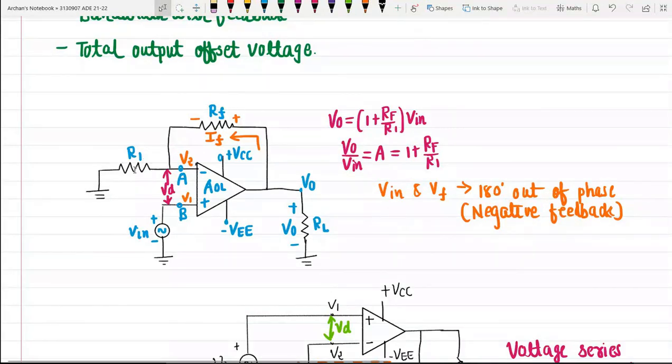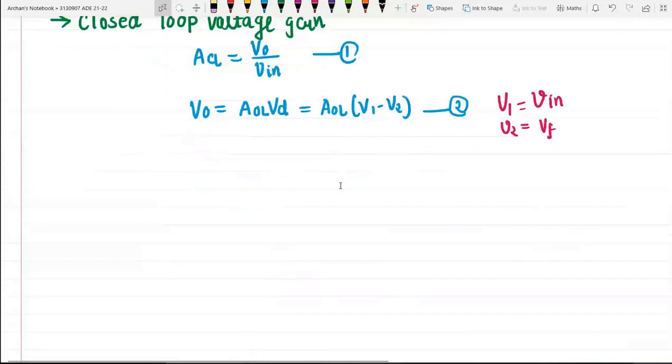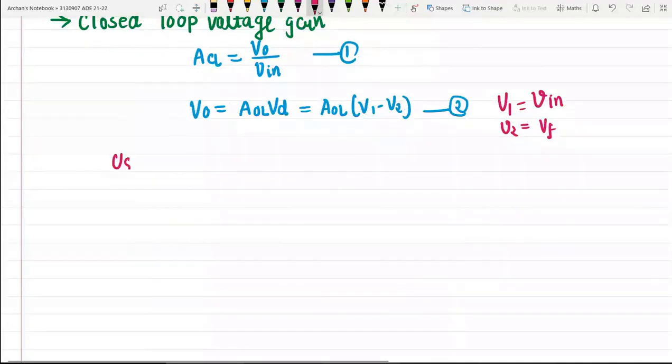Using the voltage divider rule, we will be able to find out this Vf.